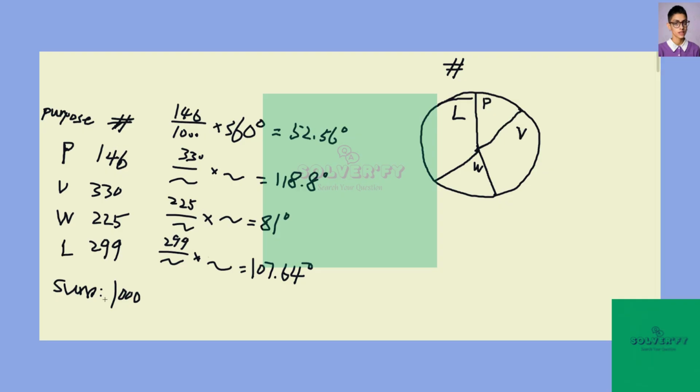But it's quite obvious since the sum of them is 1000. So for personal reasons, 146 over 1000 times 100% gives us 14.6%. And for the next one, it is also obvious, 33%.